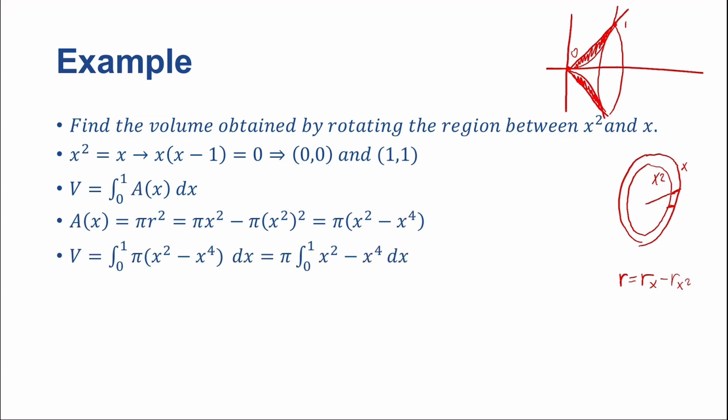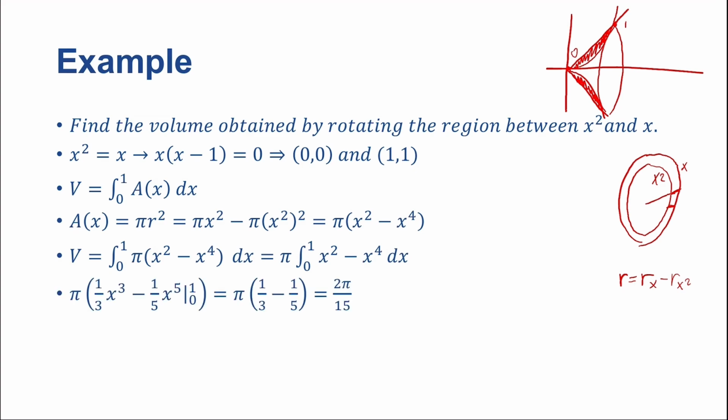This is going to give us the volume being equal to the integral between 0 and 1 of pi times x squared minus x to the fourth dx. As always, we can pull out that pi, which gives us the integral between 0 and 1 of x squared minus x to the fourth dx, all times pi. All that's left to do is some simple monomial integration and applying the fundamental theorem of calculus.